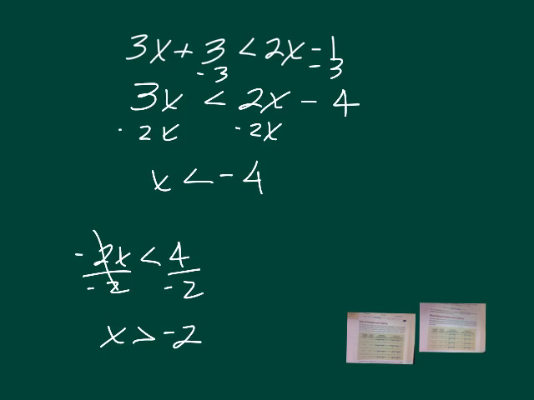It only happens when you divide by a negative, because you're taking the other side of the equation, which used to be a positive number, and now you're making it negative. So now you're making it smaller. The sign has to point toward the smaller number.